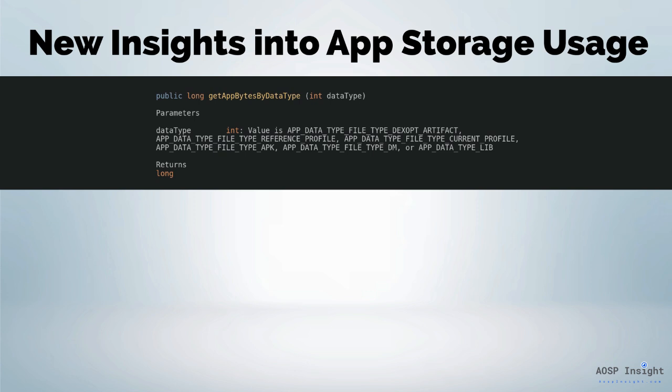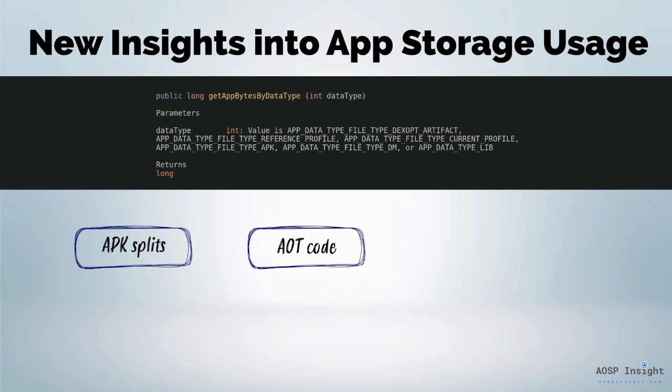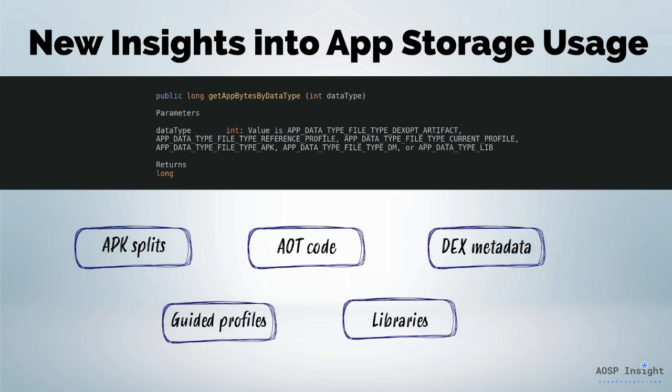As you can see from the method footprint, you will feed the data type that you are interested in having insight into, and then the method will return some information about that, which is in long format. This method helps you to understand how the app is using all the space, like file splits, AOT speedup related code, libraries, DEX metadata, and guided profiles.